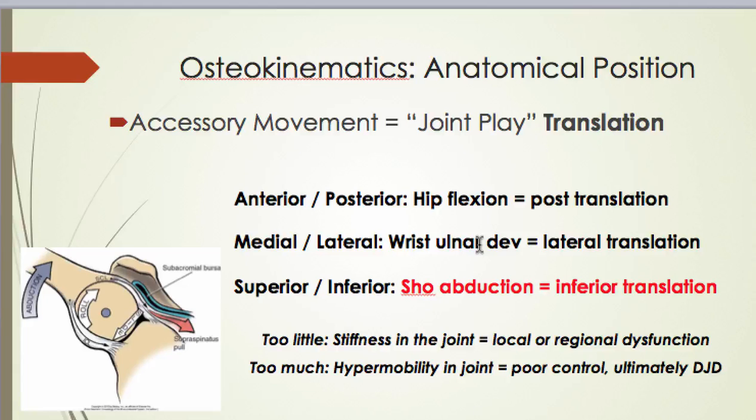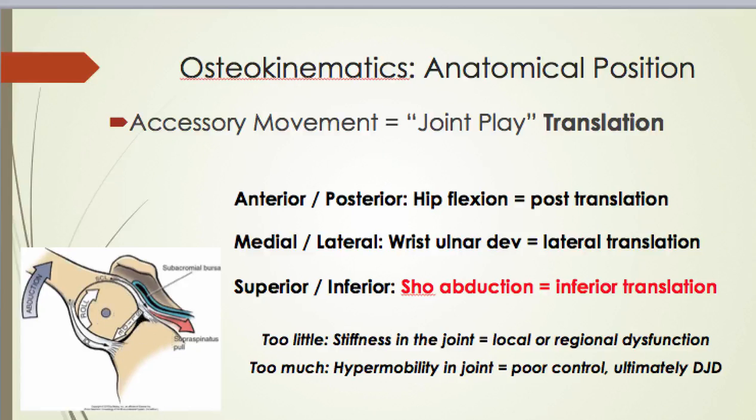Then, with regard to superior inferior, here's a picture of the shoulder joint going into abduction. So when we abduct the shoulder, we get an inferior translation of the humeral head on the glenoid fossa.